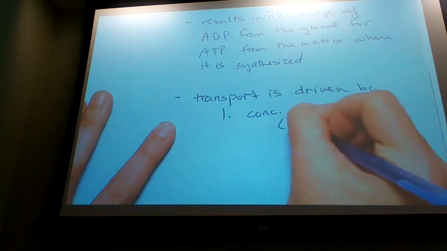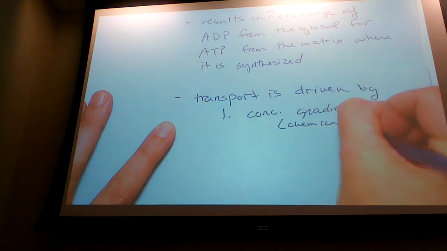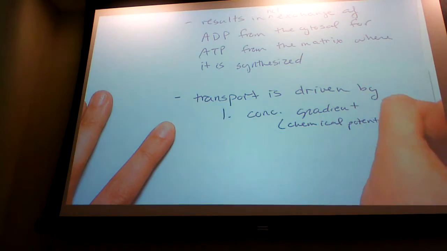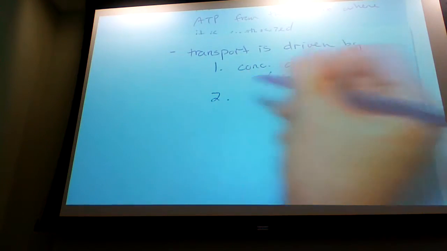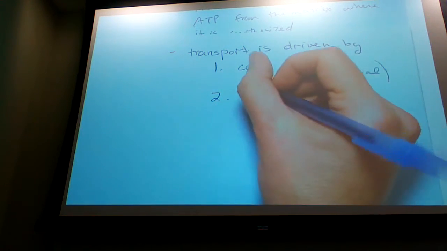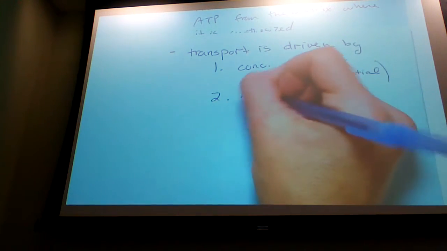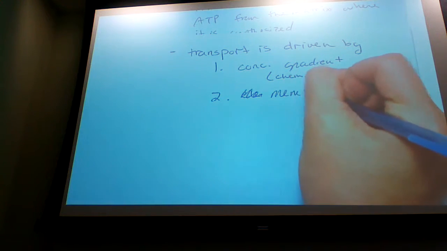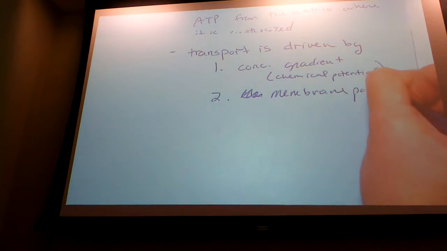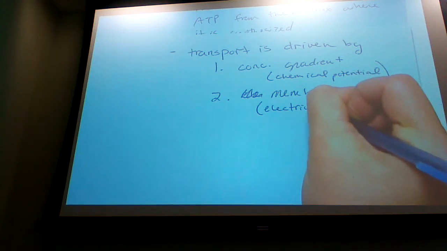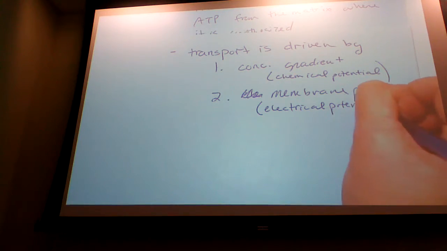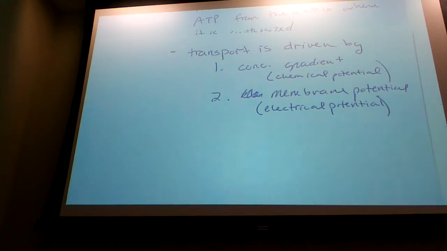So that would be a chemical potential, right? For transport. And there's another part to that equation: membrane potential. So this is an electrical potential. You only see that if the species being transported is charged.